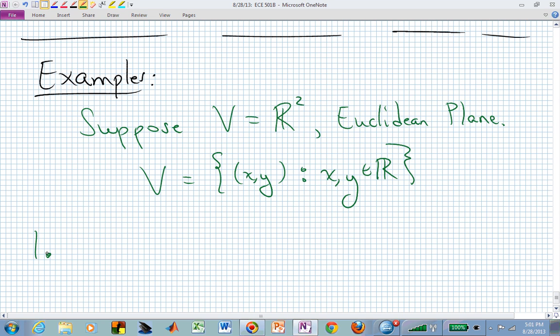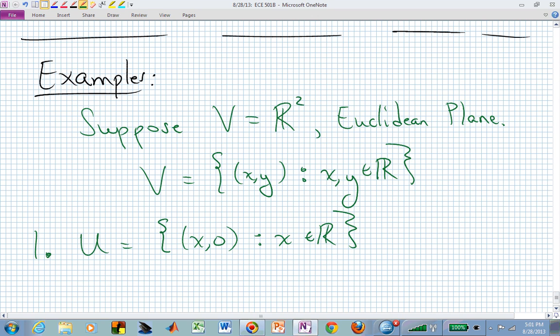Now for an example U. Let's pick a subset, and let's pick one that is also pretty easy to think about. Suppose we pick this one, (x, 0), such that x is in R. Just so that we're on the same page, what is this potential subspace?